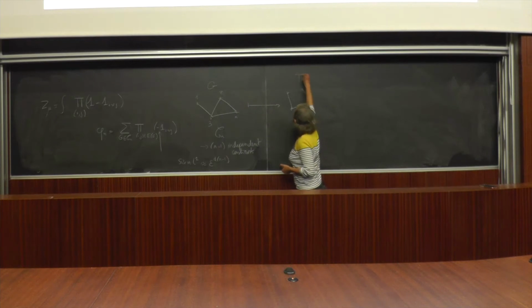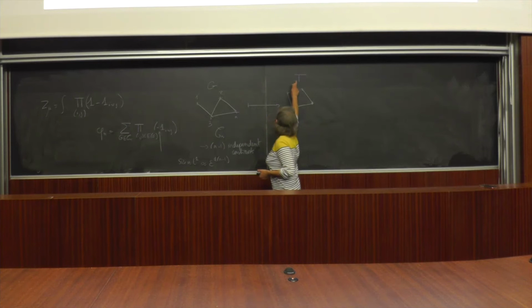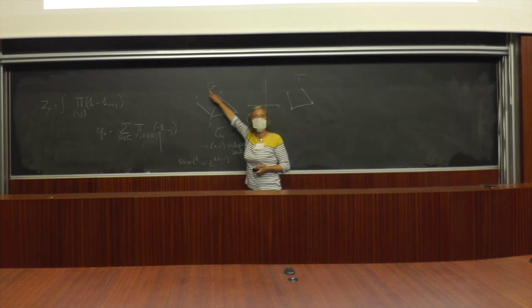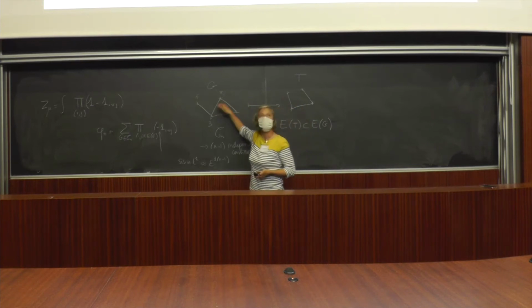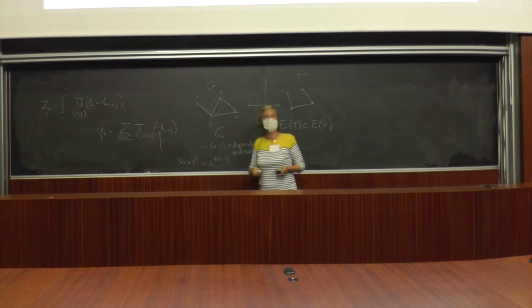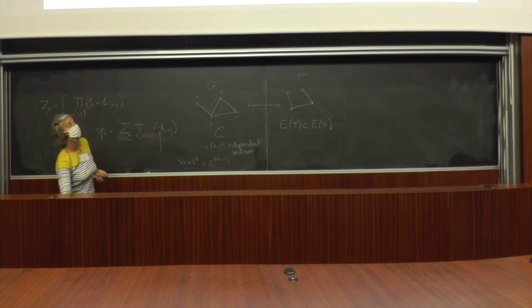So the first condition, of course, is that the set of edges of T is included in the set of edges of G. And now I would like also to characterize all the missing edges. You see that here, this is the missing edge, and I would like to be able to characterize all possible missing edges.